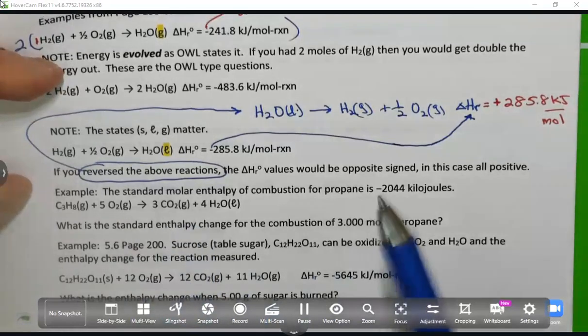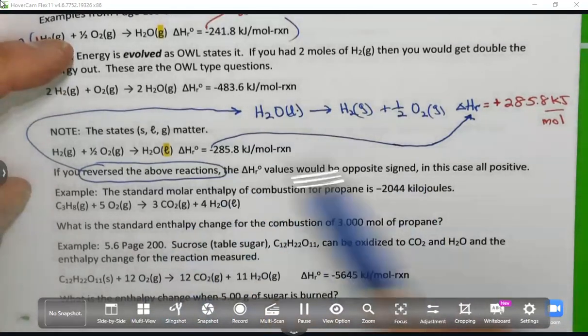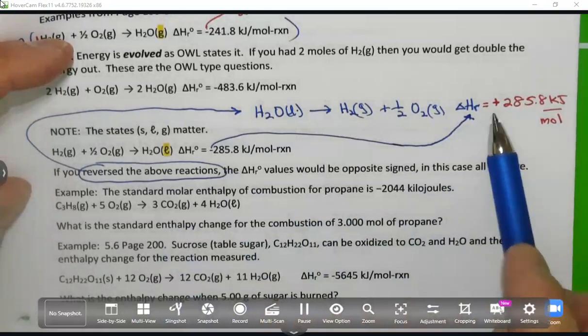Okay, so if you reverse the reaction, instead of getting energy out, you have to put this much energy in.